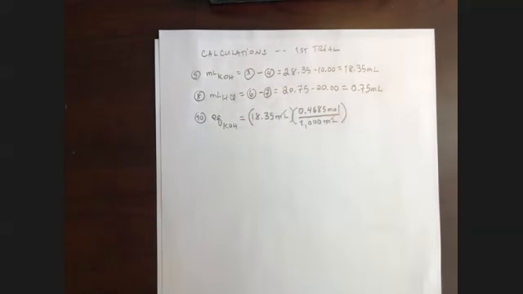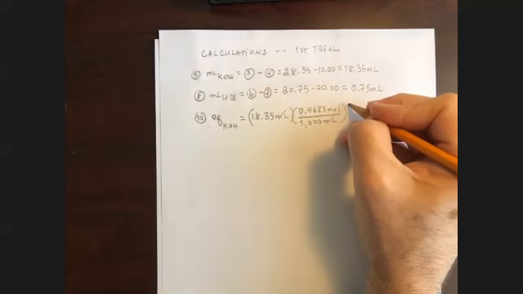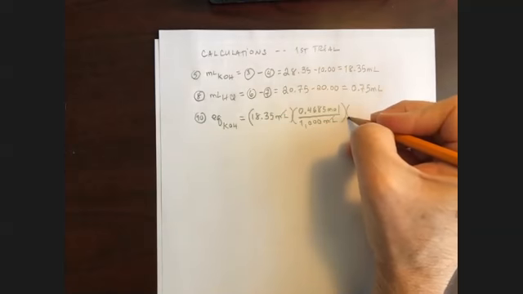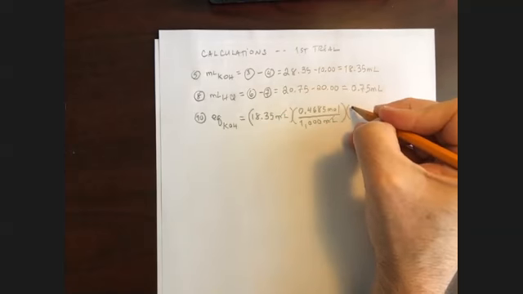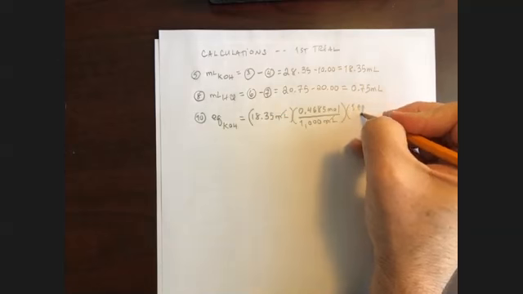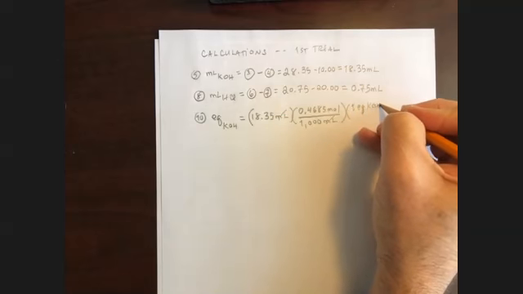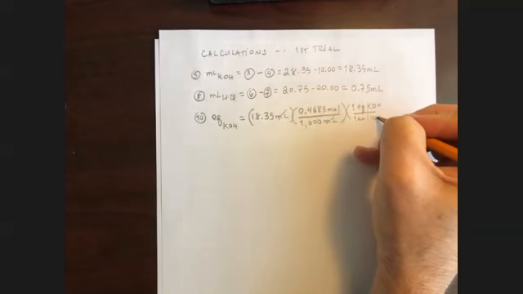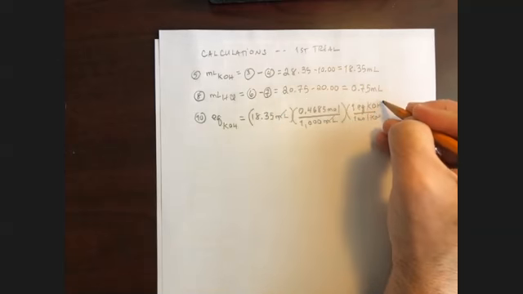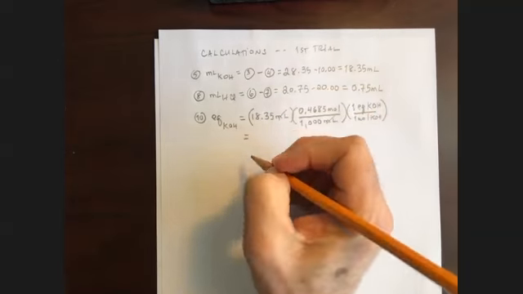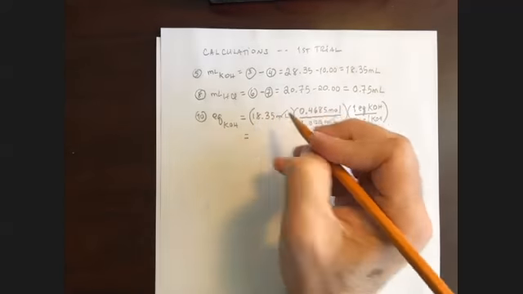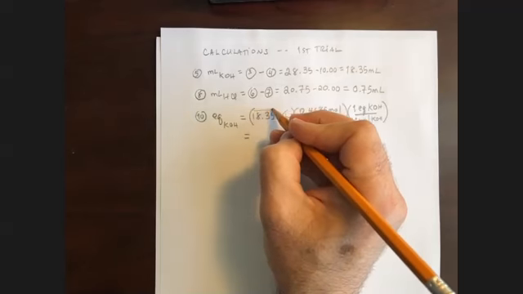And remember, in the case of KOH, since it's only one hydroxide unit per unit of KOH, there is one equivalent of KOH for every mole of KOH. So you can pull out your calculator and figure out what that is. Careful with the sig figs again. This number has 4 sig figs.